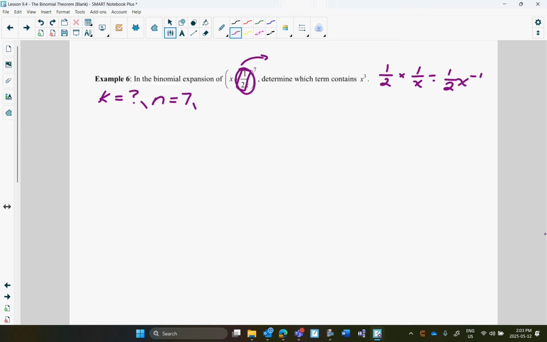Because remember, the exponent attached to the variable is 1, but it's attached to the x, not the 2. Okay? So a would be x. And b would be 1/2 x to the negative first.